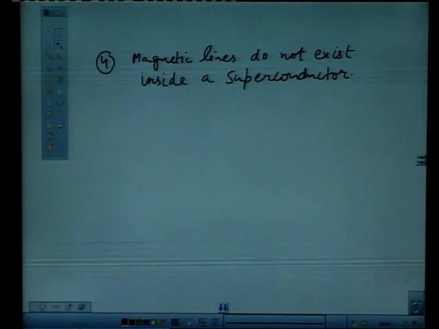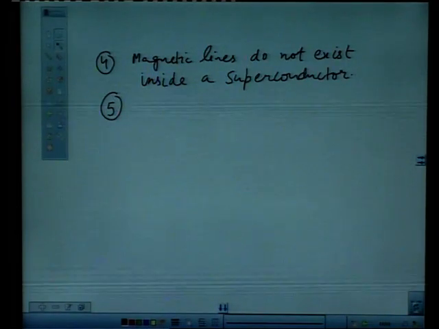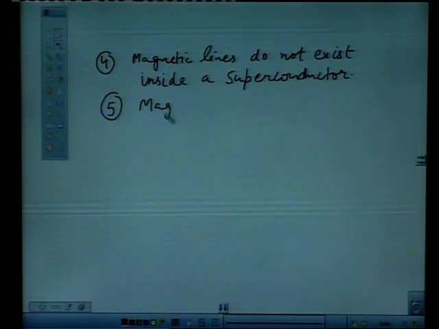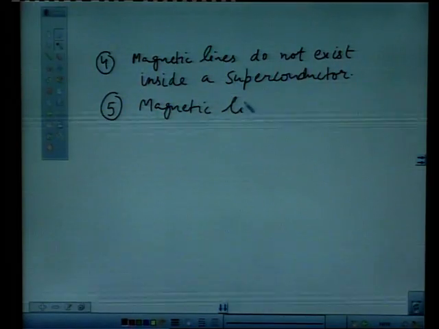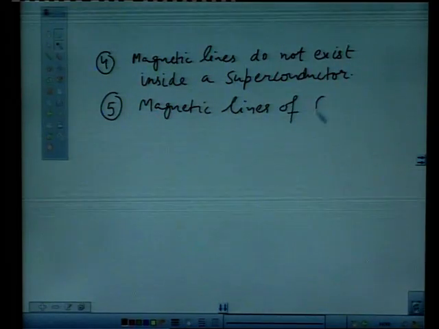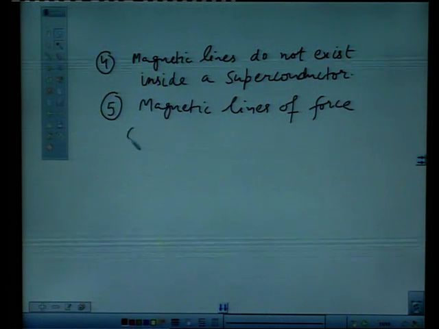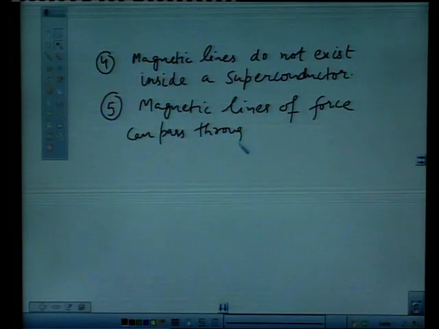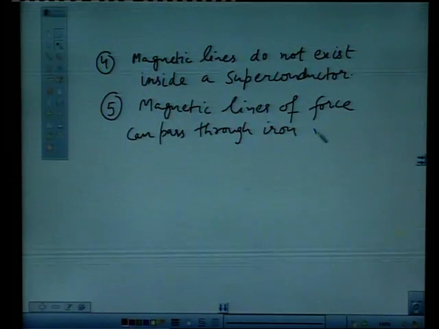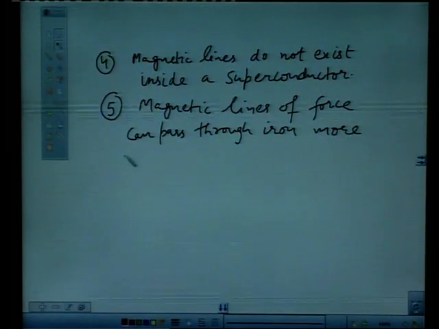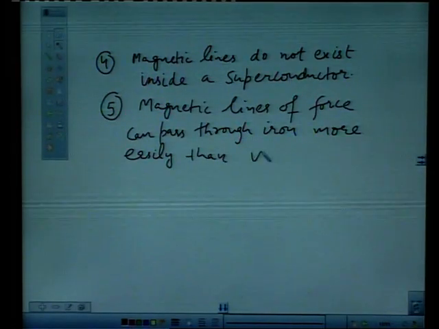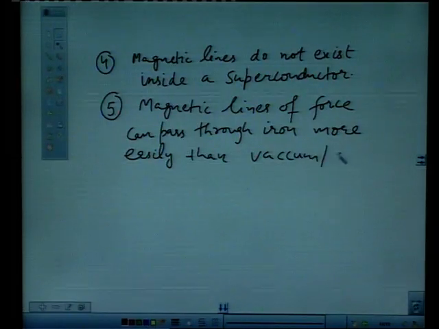Since a superconductor has zero resistance, there is no magnetic line of force inside the superconductor. Then next is: magnetic lines of force can pass through iron more easily than vacuum or air.